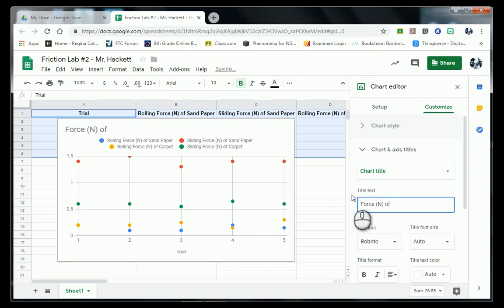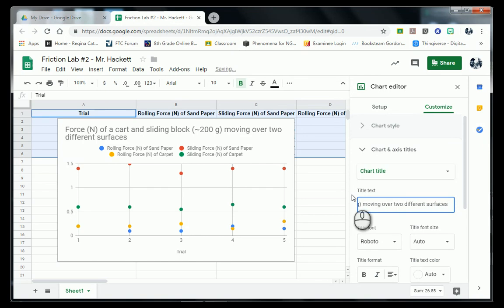of a cart and sliding block that are approximately 200 grams moving over 2 different surfaces.